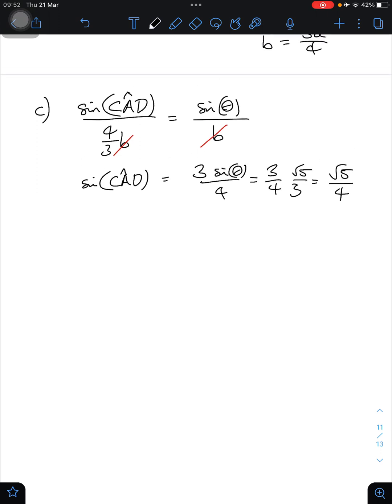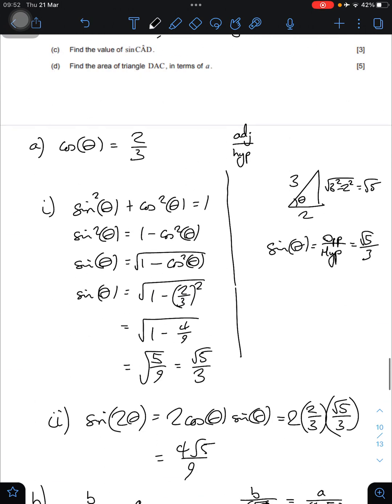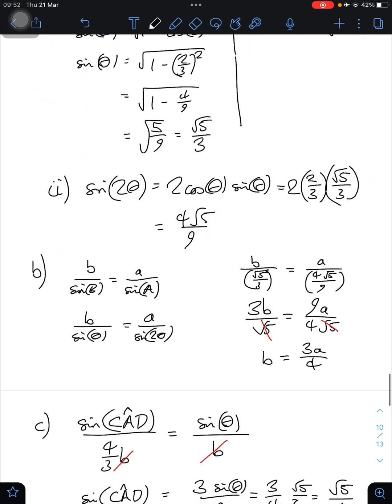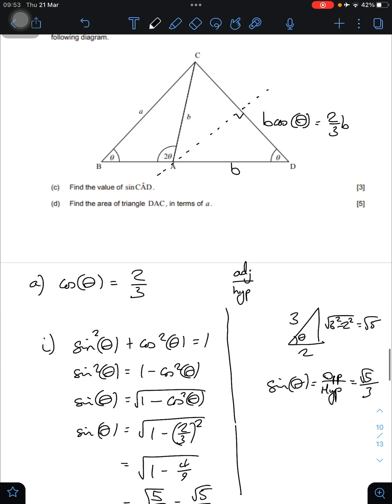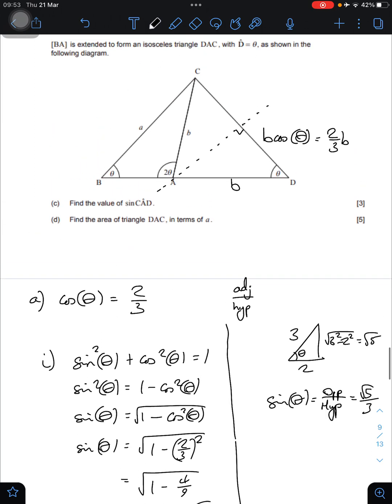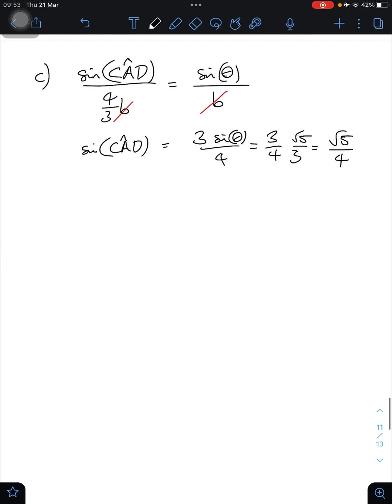So, if sine of CAD is square root 5 over 4, well, therefore the area of our triangle DAC, well, we know what our base is if we just redraw that triangle.